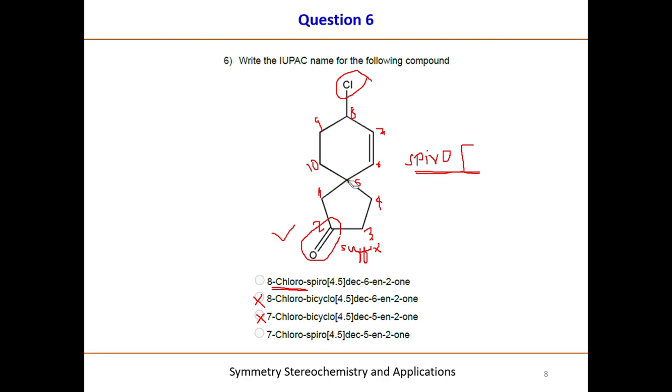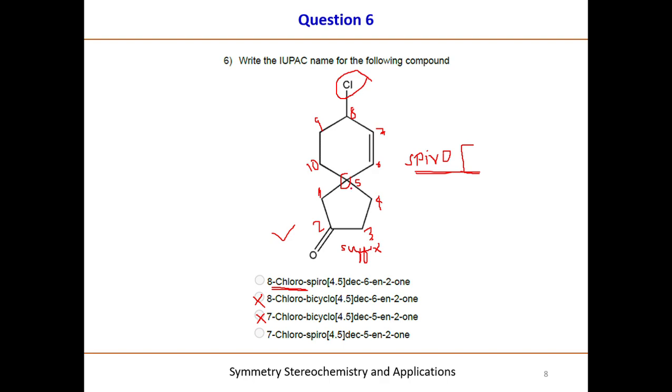You have to consider only the carbon atoms outside the shared carbon. This carbon atom is shared between the two rings, so you don't have to consider it.